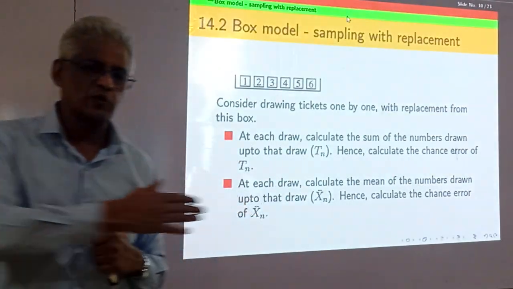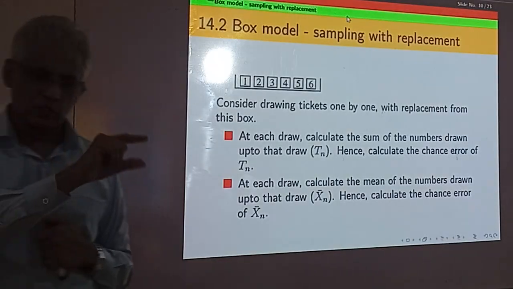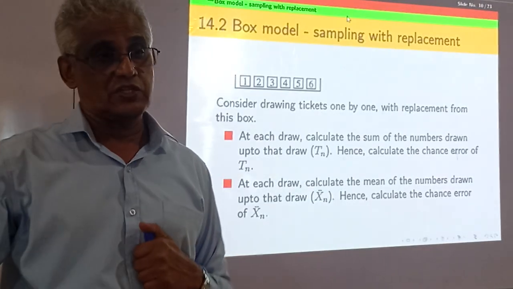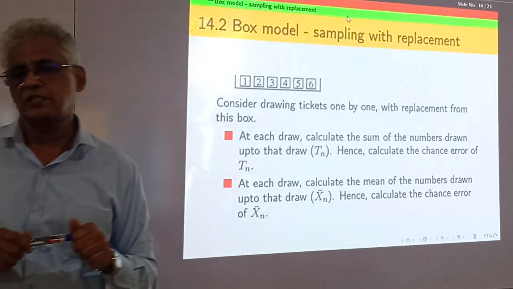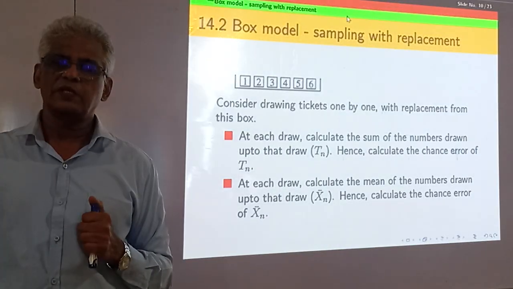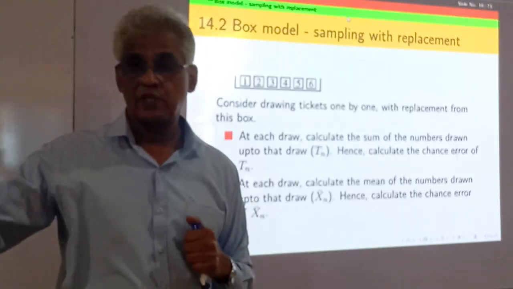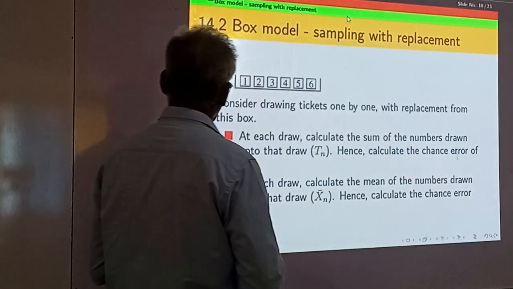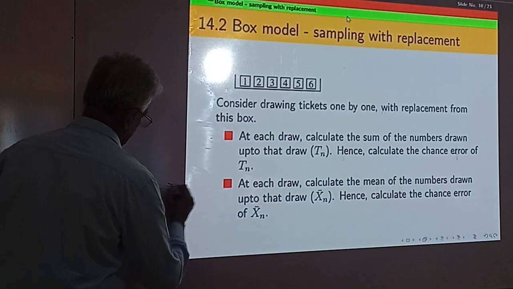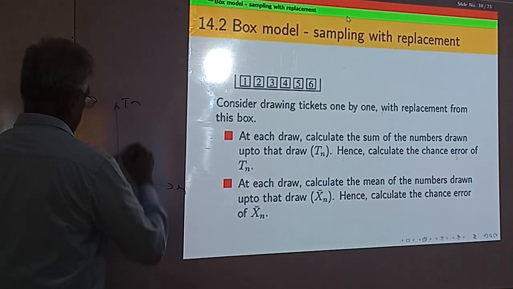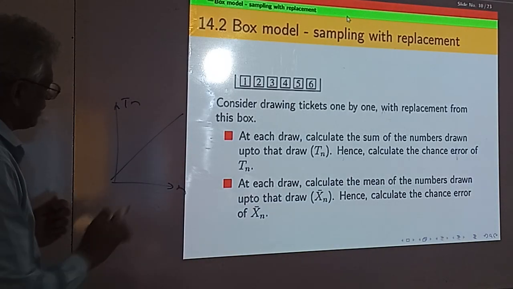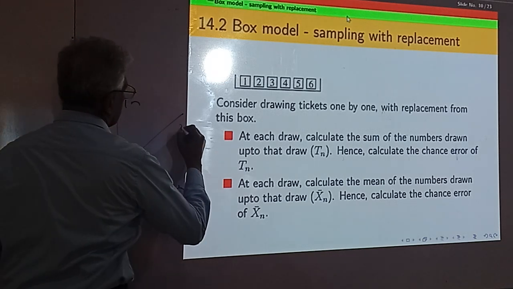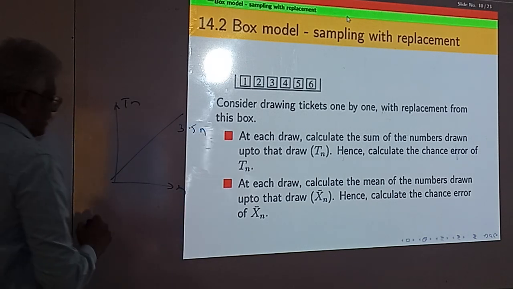So if you have taken n items, then the total of those things on average, what is called the expected total sum, will be 3.5 times n. So you would expect your Tn, when you increase n, to be going around the 3.5 times n line.